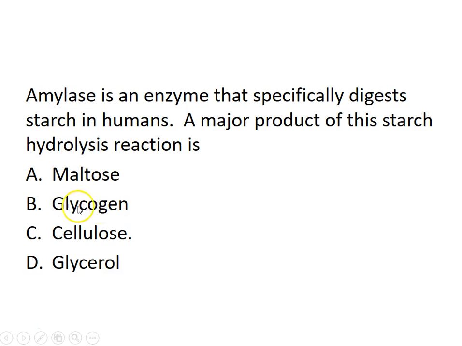So you may not have remembered what this is, but clearly it's not glycogen because that's another polysaccharide. Clearly it's not cellulose because that's another polysaccharide. And clearly it's not glycerol because that is part of a triglyceride, a fat. So that is a disaccharide with 2 glucose. Even if you'd forgotten what that was, you could work it out by trial and error.